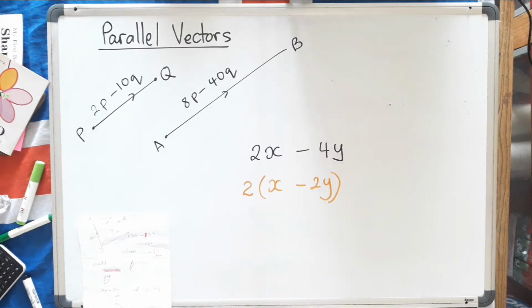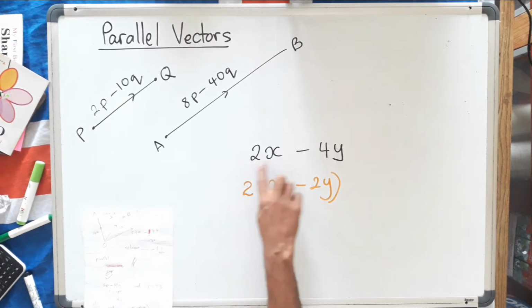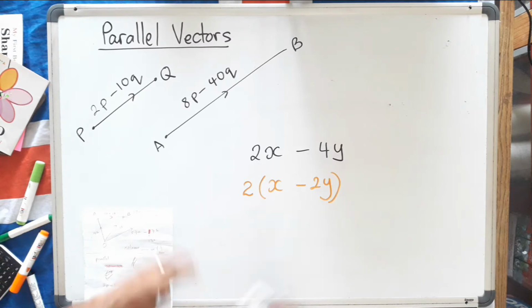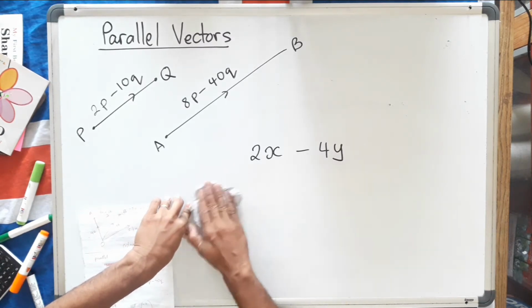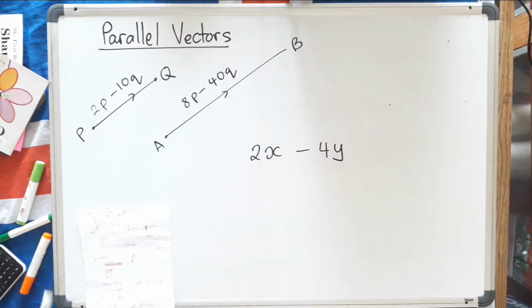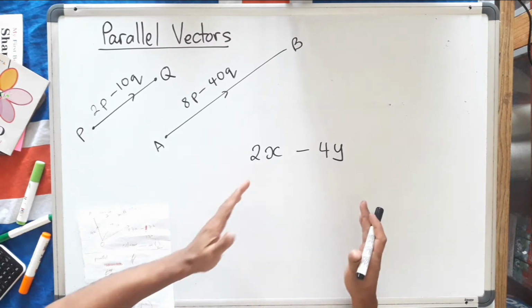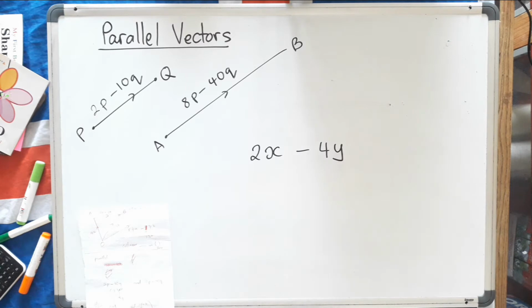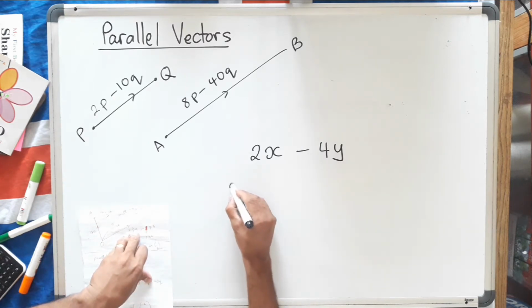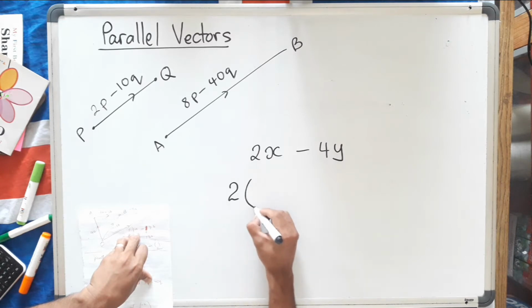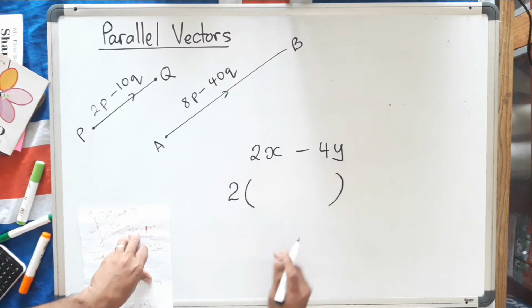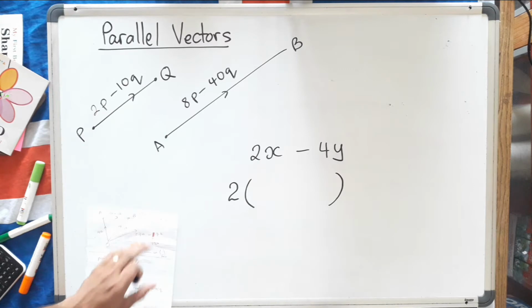So let me slow this down a bit, because sometimes the numbers are not easy like 2 and 4. So what does it mean to factorize? When you are factorizing and you are using the term pull out, remember I said we're going to pull out 2. What does pull out 2 really mean? When you are pulling out 2 and you're trying to get it into brackets, because that's what factorization is, it means you're trying to put it back into brackets.